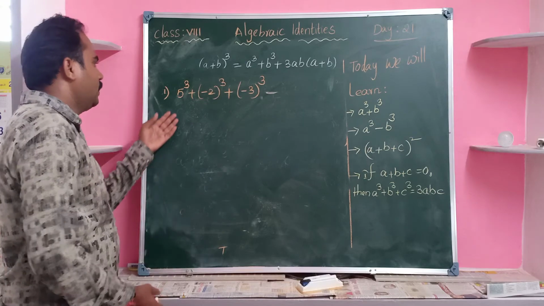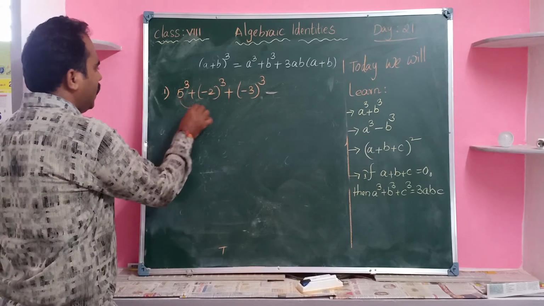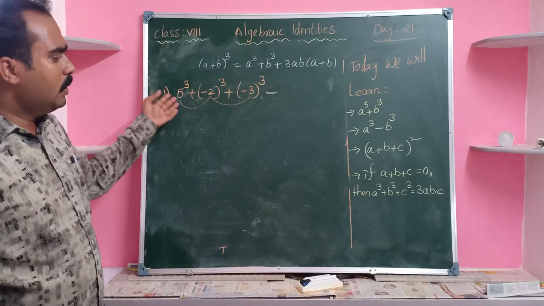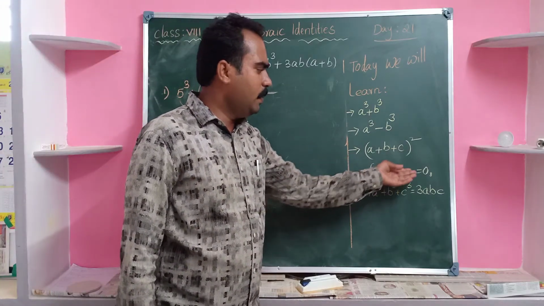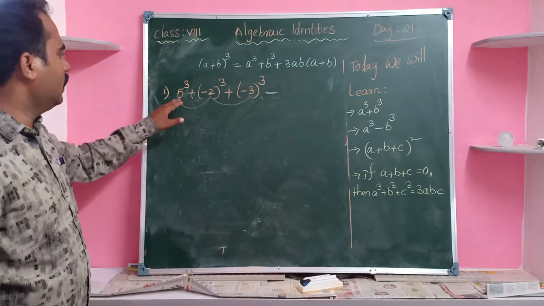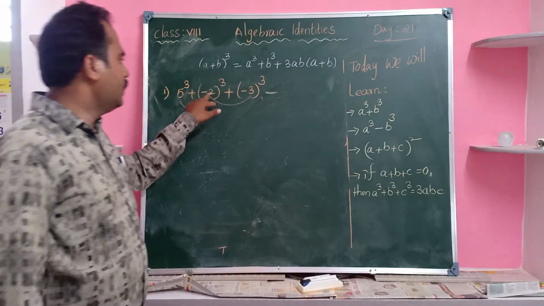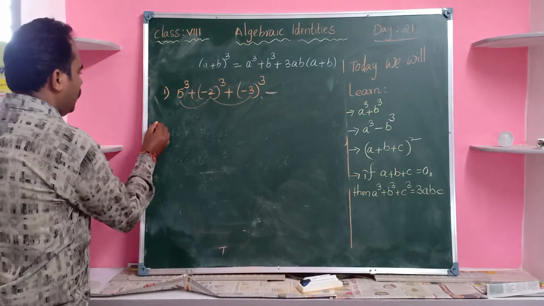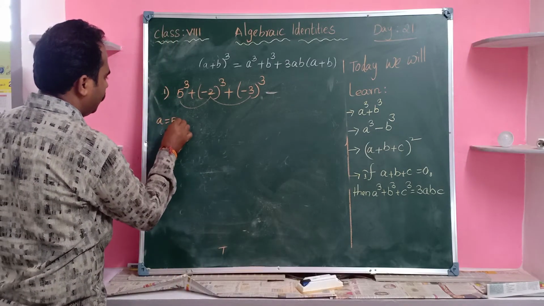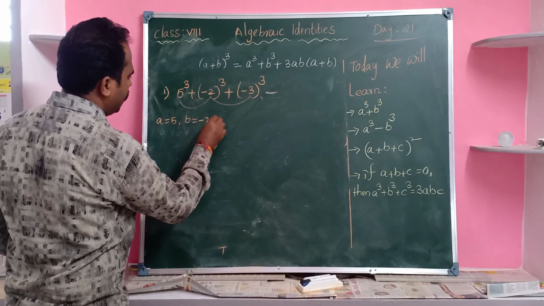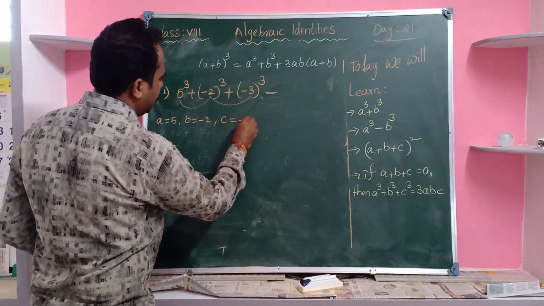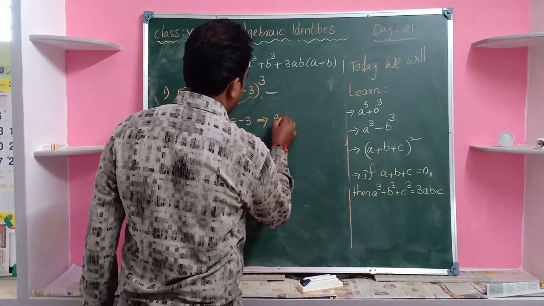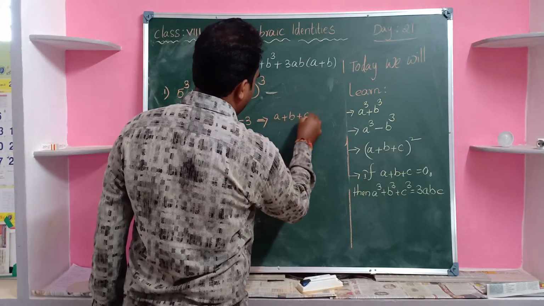If you observe this, the sum of these values is equal to 0. So the condition a plus b plus c is equal to 0. Take here a is equal to 5, b is equal to minus 2, c is equal to minus 3. Then what is a plus b plus c? a plus b plus c is equal to 0.